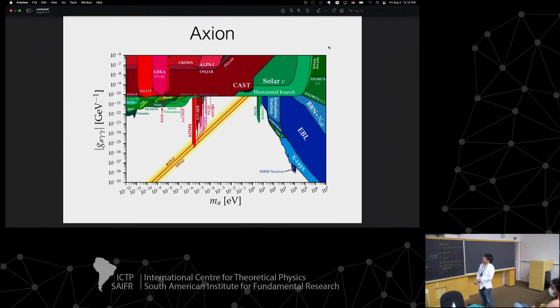And there has been no detection? There has been no detection, but for most of the time, until maybe 7 or 8 years ago, or maybe even shorter, ADMX was never touching the QCD axion line because the sensitivity of the experiment was not good enough. We kept improving the detection until, I think, a couple of years ago, they finally touched the QCD axion and got to the bottom of this yellow band.